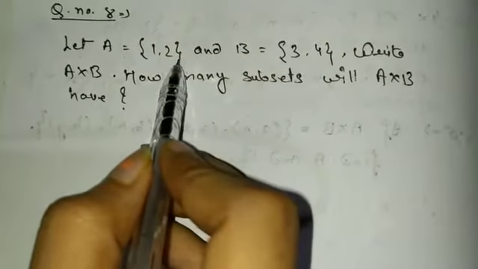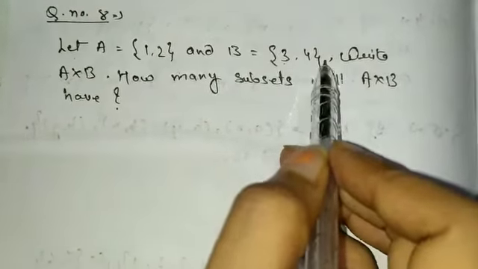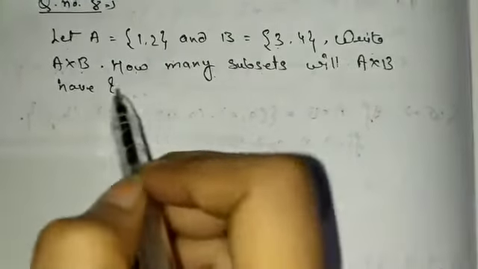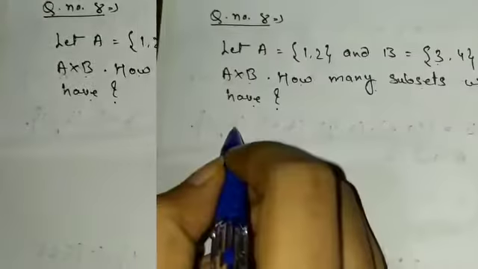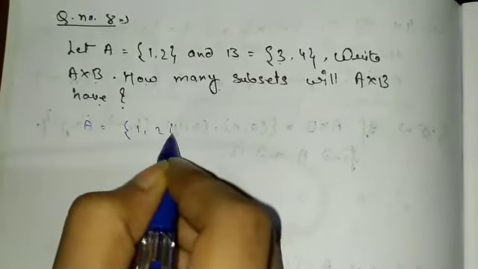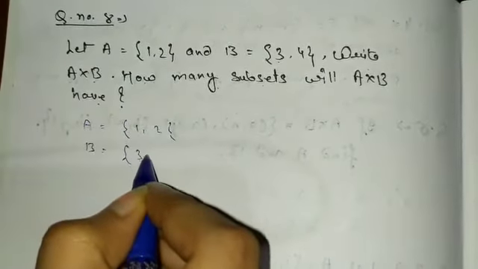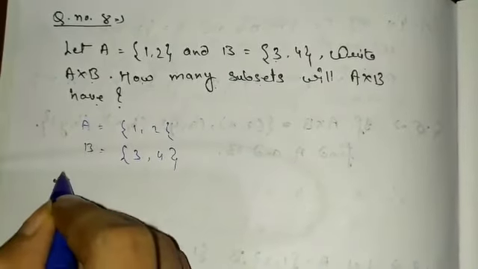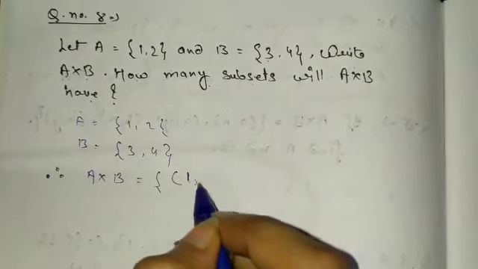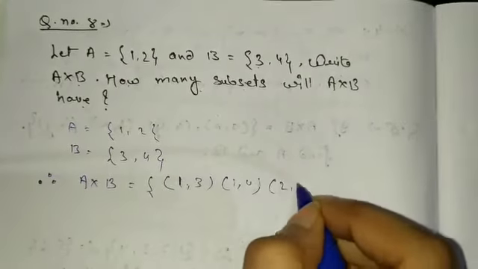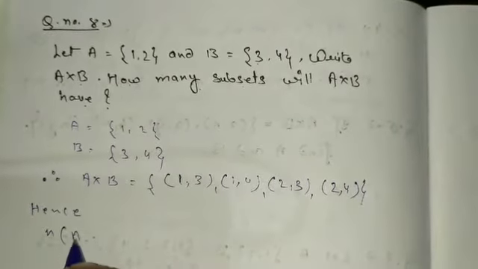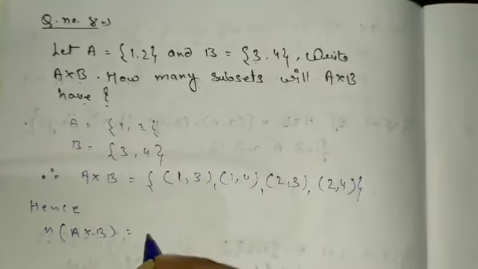Question 8. Let set A be equal to elements 1, 2 and set B be equal to elements 3, 4. Write A into B and how many subsets will set A into B have? In this question, set A is equal to {1, 2} and set B is equal to {3, 4}. Therefore, A into B is equal to elements (1,3), (1,4), (2,3), (2,4), and hence the number of elements in set A into B is equal to 4.